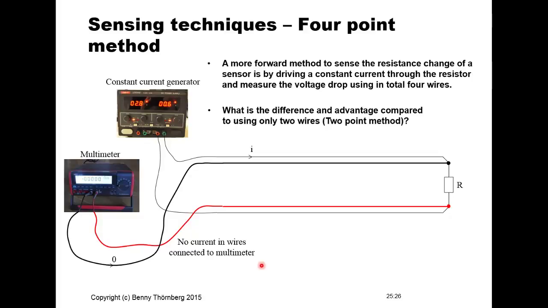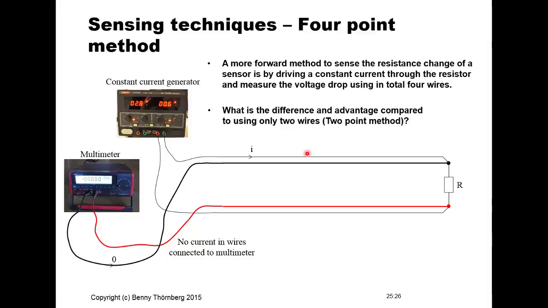So if you look at this simple principle sketch of a resistive sensor, and you have this constant current generator, and you have the meter where you actually measure the voltage that is generated over the resistive sensor. Then we are driving the constant current through one pair of wires, and that constant current will of course be adjusted even if the resistance in any way changes in the resistive sensor or in the wires.